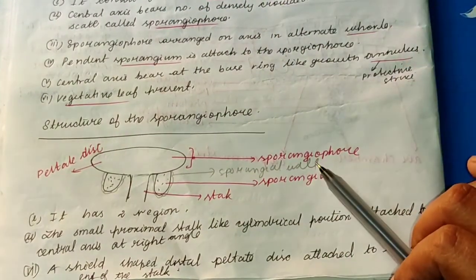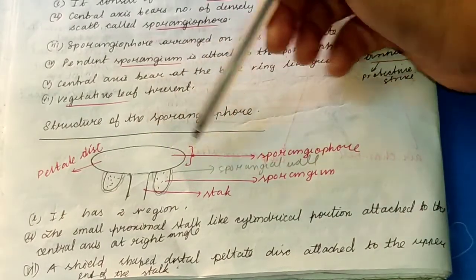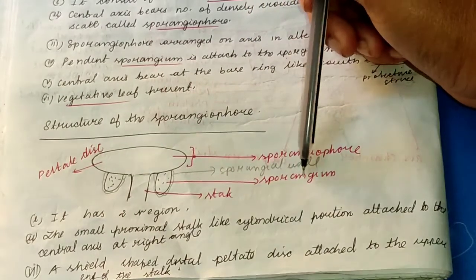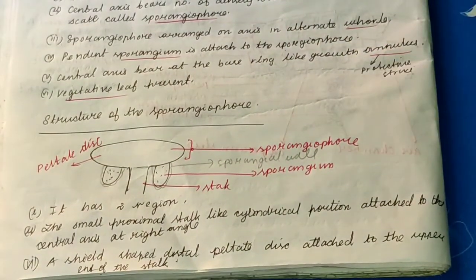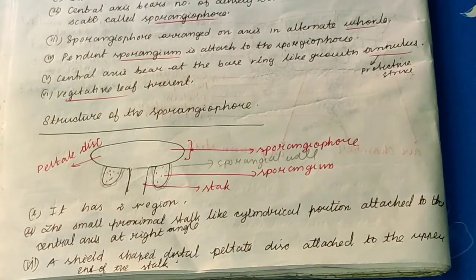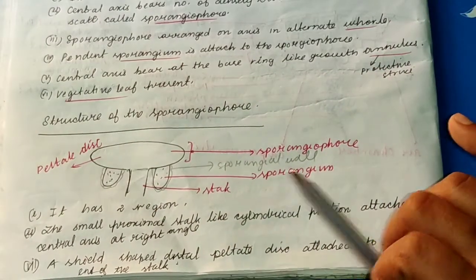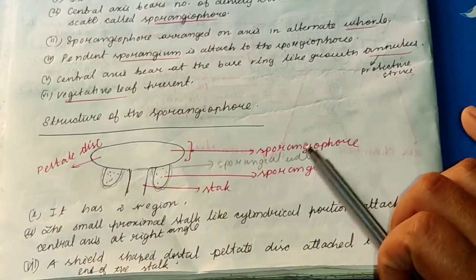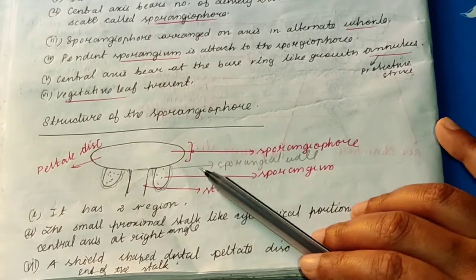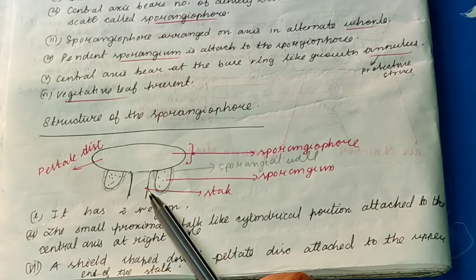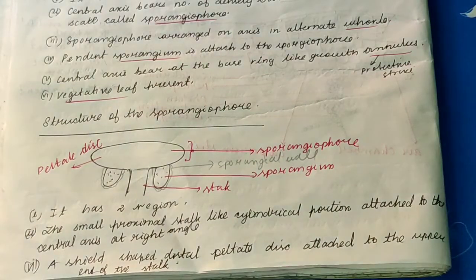Here is the structure of the sporangiophore, and to the sporangiophore the sporangium is attached. The shield-shaped distal peltate disc is attached to the upper end of the stalk. This represents the stalk which is attached to the central axis of the strobilus.